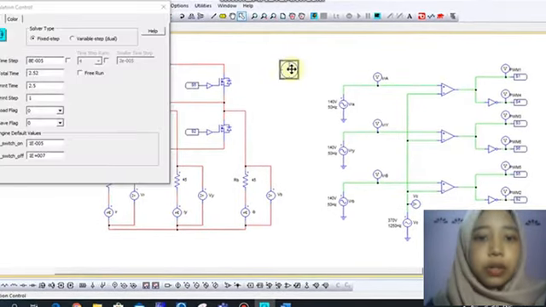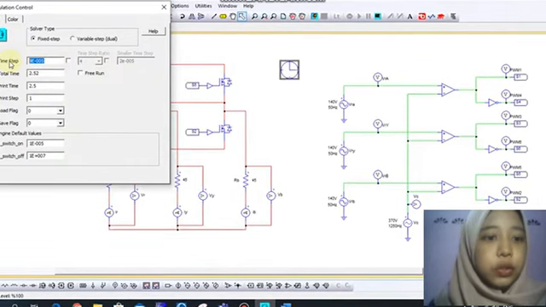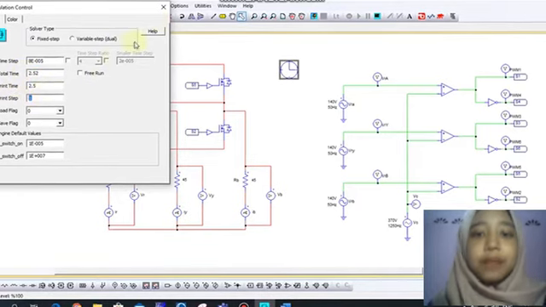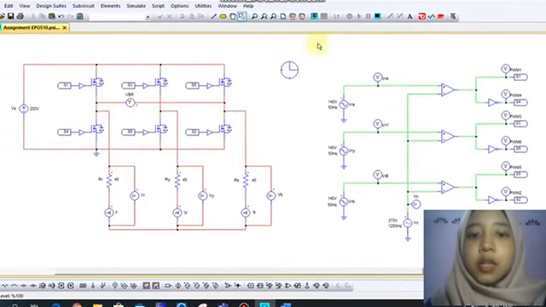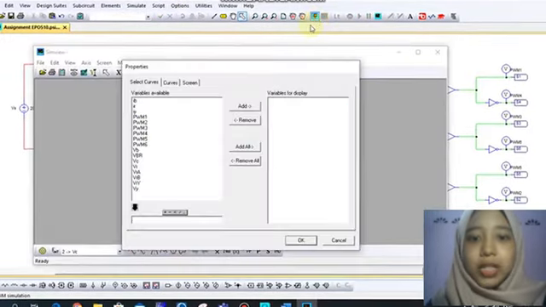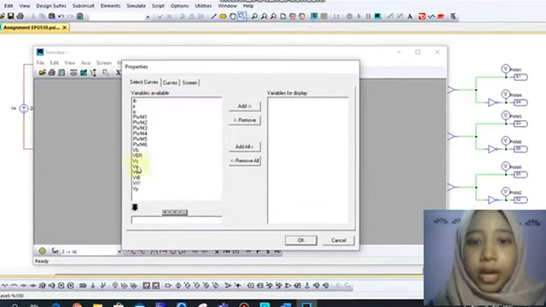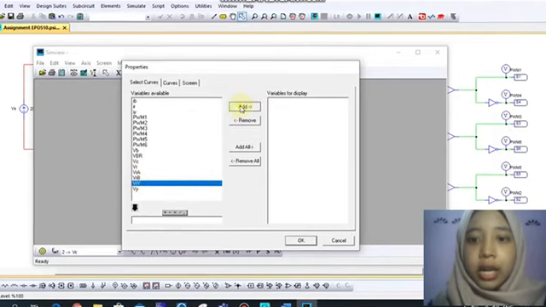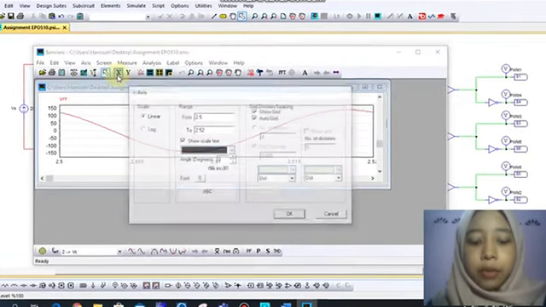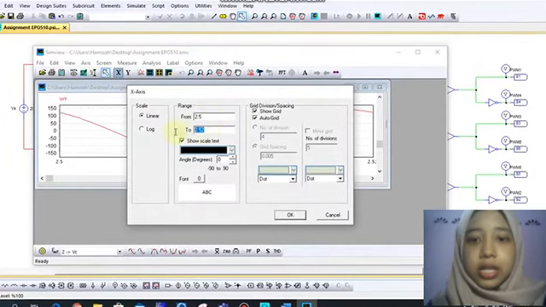We also set the simulation control with its time step, total time 2.52, print time 2.5, and 1 print step. So next we can run this simulation. First I will choose VRY as the waveform, and we will adjust the x-axis.